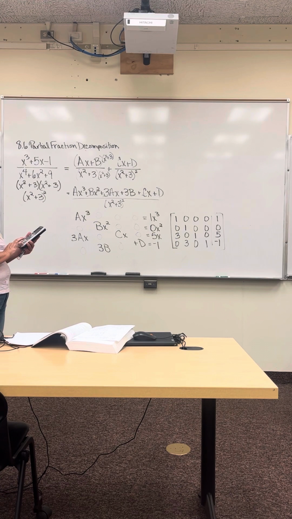Okay, 0, 3, 0, 1, -1. Okay, I think it looks good. Now I'm not trusting myself, but I think it looks good, so I'll quit. We're going to RREF this guy.